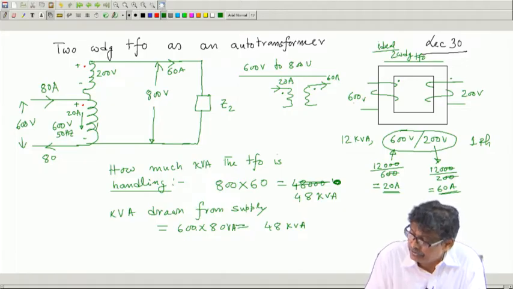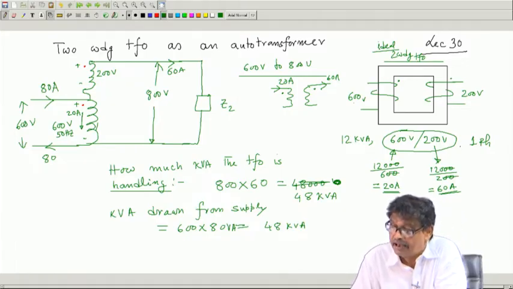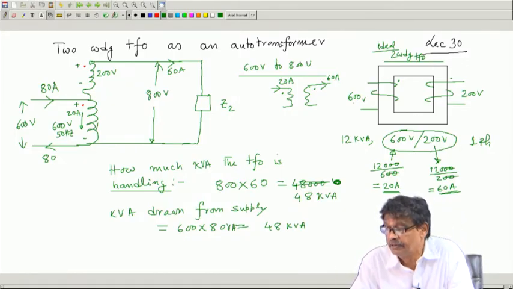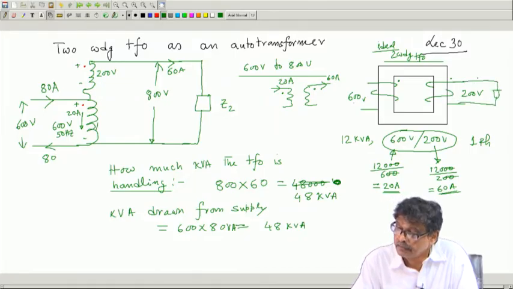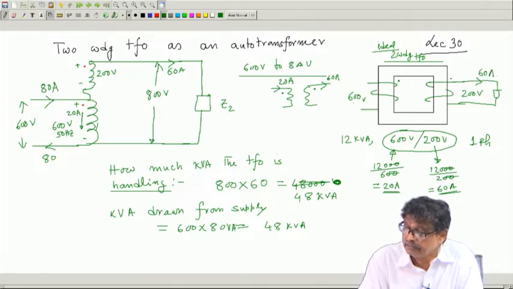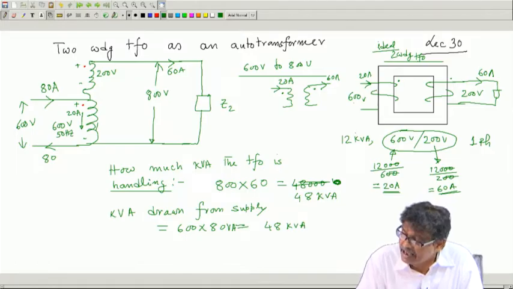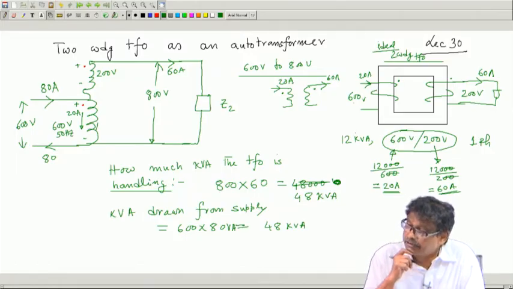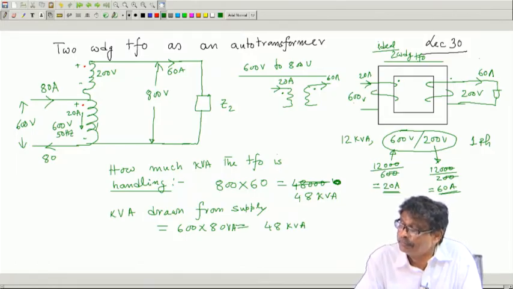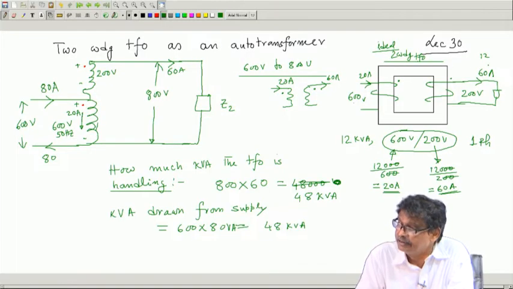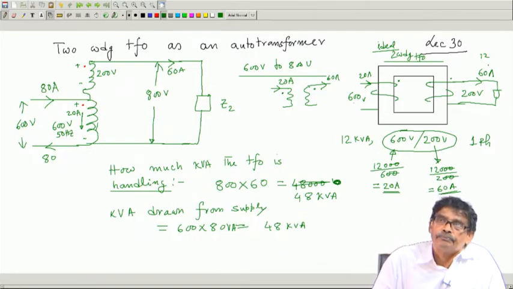When you use this 2 winding transformer as a 2 winding transformer, that is you will connect load here, this current 60 ampere, and at that time HV side current will be 20 ampere. What is the kVA handled if it is used as a 2 winding transformer? 12 kVA, and that is what it is rated to.